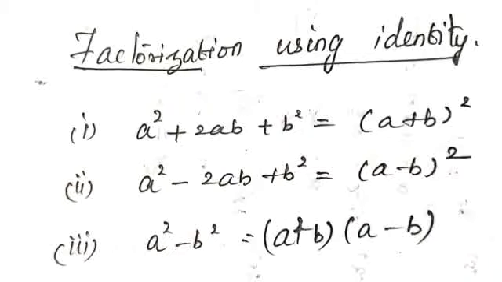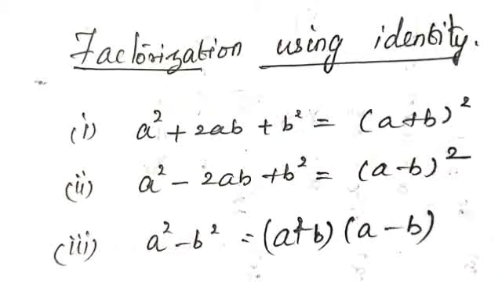So if you are using the first two identities, the question must be in three terms. And the second thing you have to notice is that the first term and the last term must be perfect squares. If they are perfect squares and the middle term has a plus symbol, you can use the first identity. Or else, if both the first and the last terms are perfect squares and the middle term has a minus symbol, you can use the second identity.